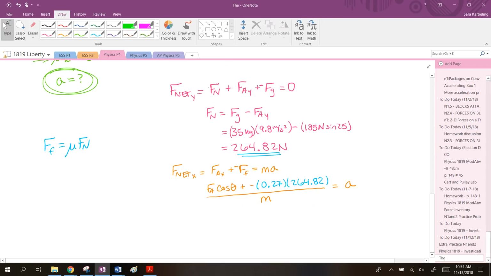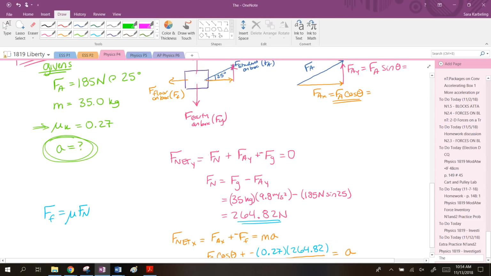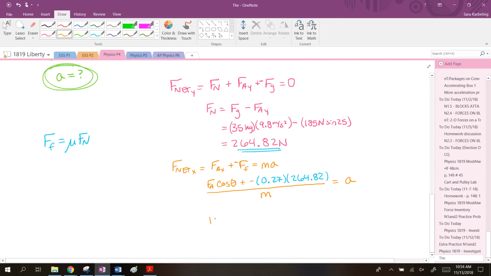So I'm going to go ahead and do that really quickly just to make sure that we've got it all figured out. So Fa is 185, so 185 newtons times the cosine of 25 degrees. That's my Fa in the x. I'm going to subtract the 0.27 times the 264.82.